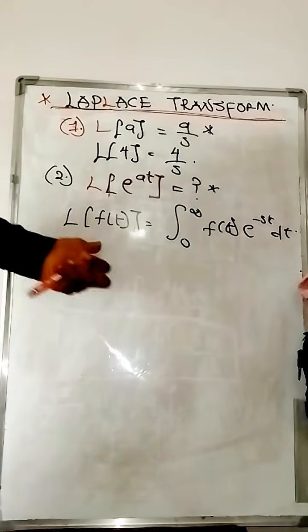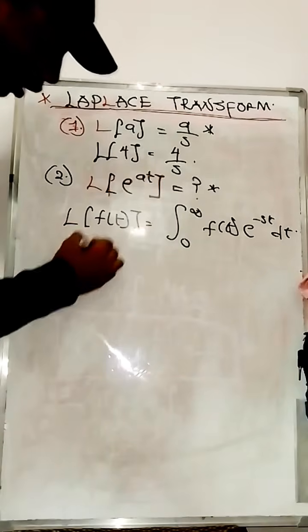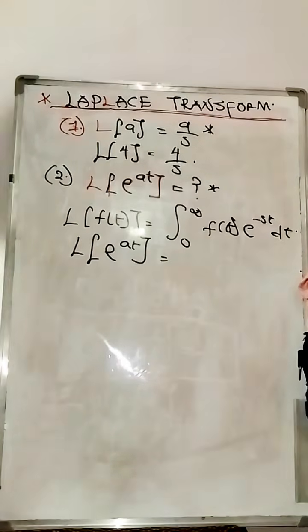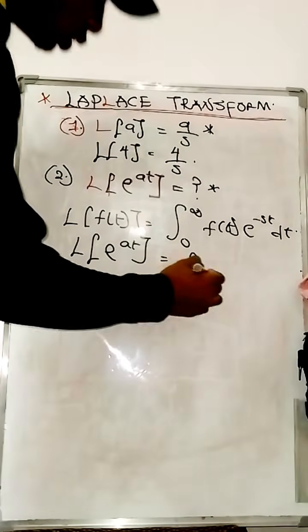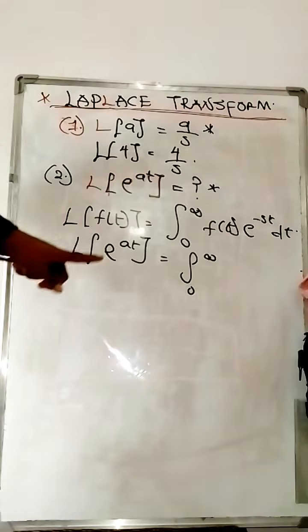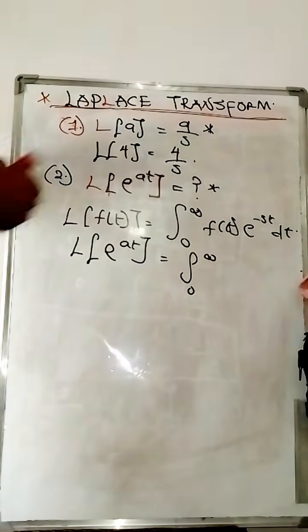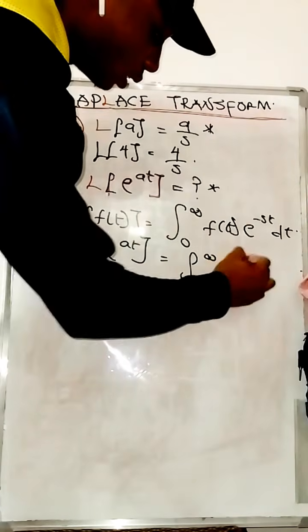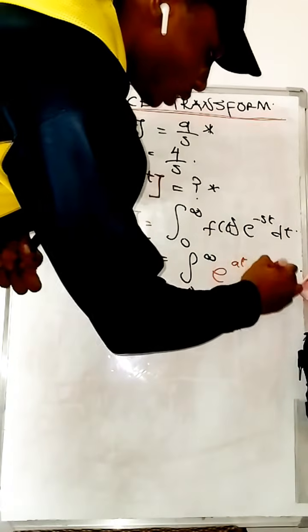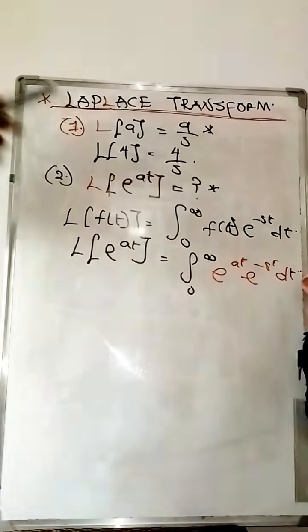So the Laplace of the function of t, you're writing this to be the Laplace of the exponential of at equals the integral starting from 0 to infinity. Now the function of t given here is the exponential of at, times the exponential of minus st dt.